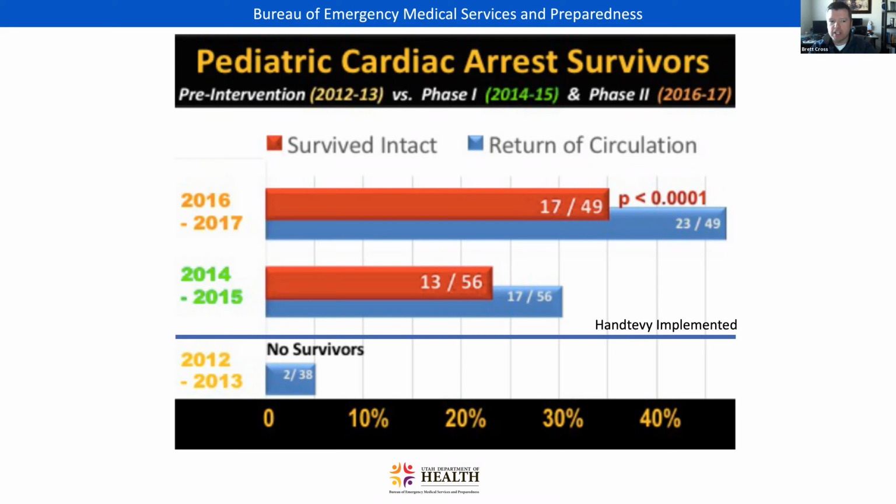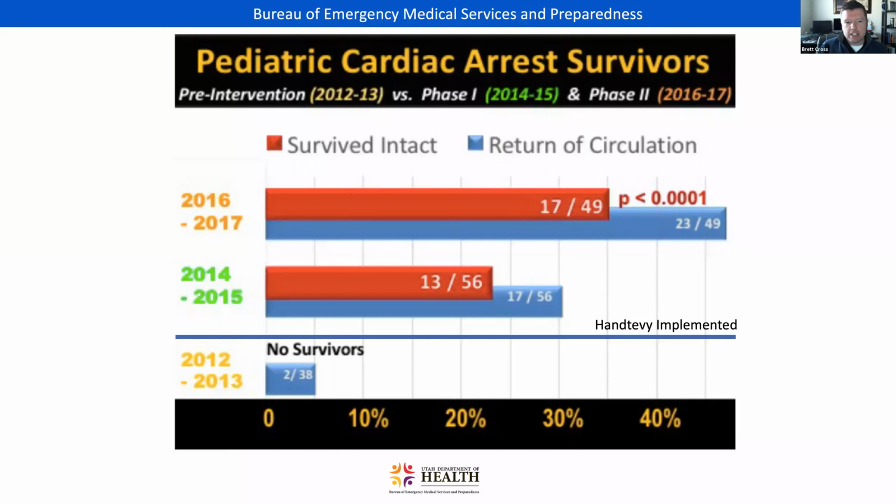None of them survived. Then in 2014, 2015, they implemented the Handtevy system. Out of the 56 total cardiac arrests, they got ROSC on 17 and 13 of them survived intact, which means they were discharged from the hospital neurologically intact. It does include some deficits, but they had to, by and large, be neurologically intact.